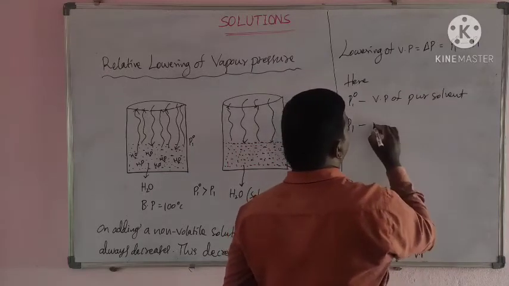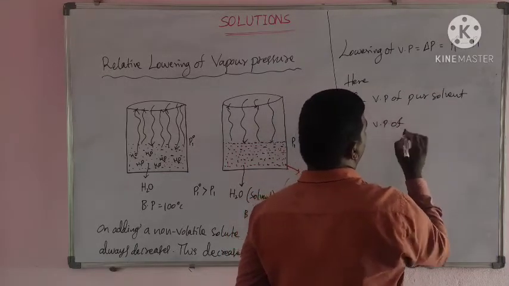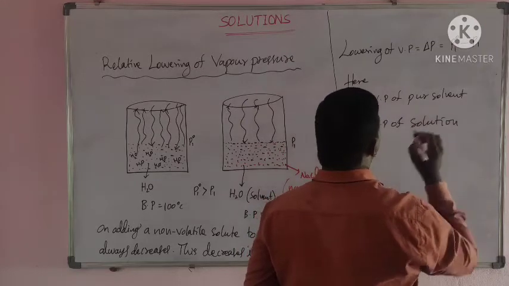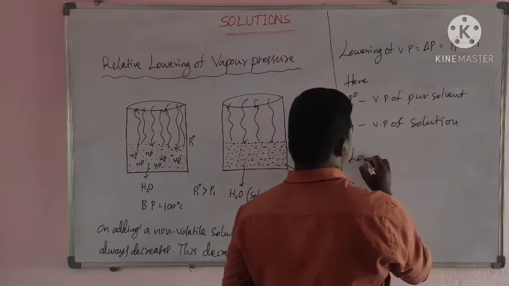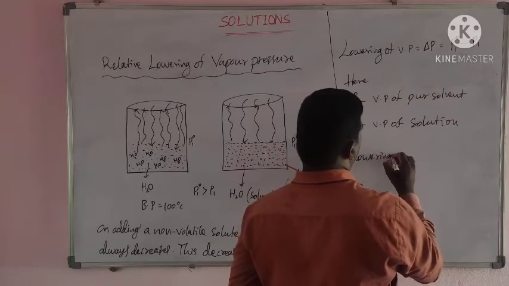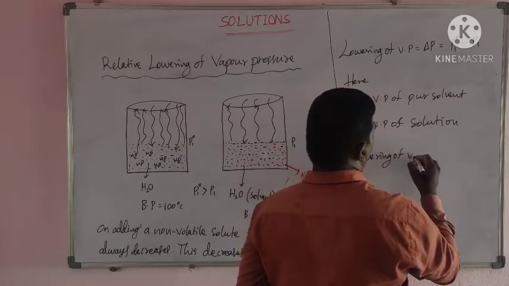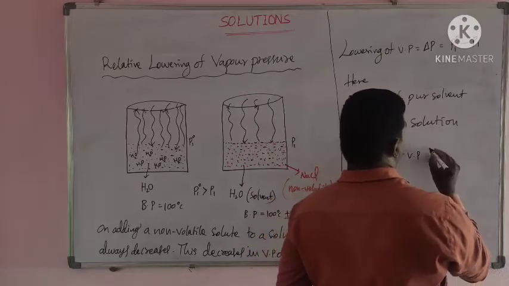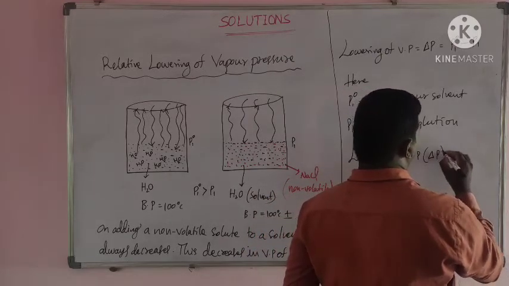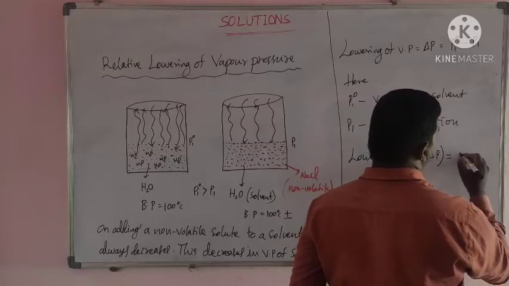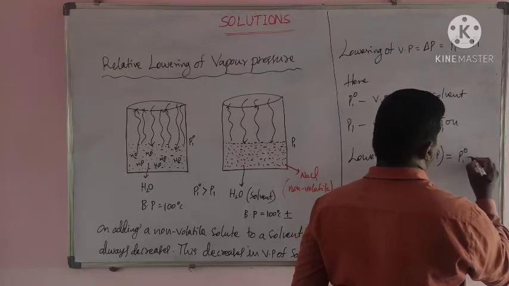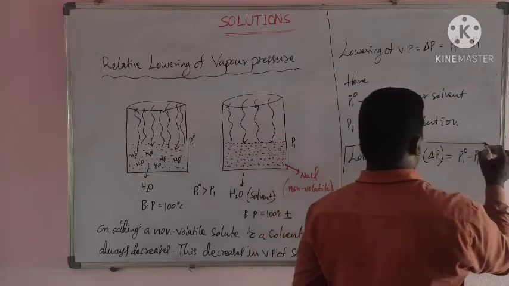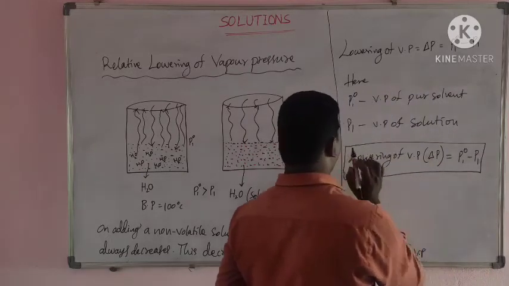P1 is the vapor pressure of the solution. Lowering of vapor pressure indicates delta P, that is equal to P1 naught minus P1. This is lowering of vapor pressure.